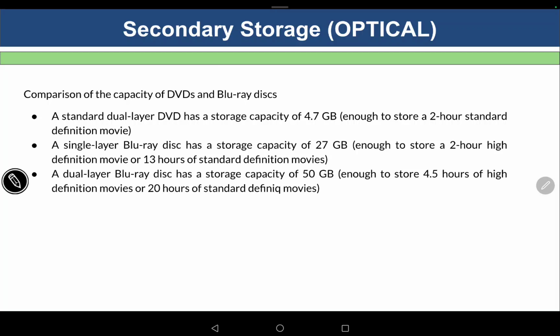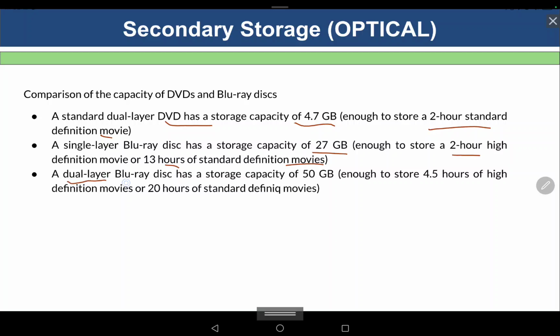Okay, now let's look at the comparison of the capacity of DVDs and Blu-ray discs. A standard DVD has a storage capacity of 4.7 GB, which is enough to store a 2-hour standard movie, while a single layer Blu-ray disc has a storage capacity of 27 GB, which is enough to store 2 hours of high definition movies or 13 hours of standard movies.